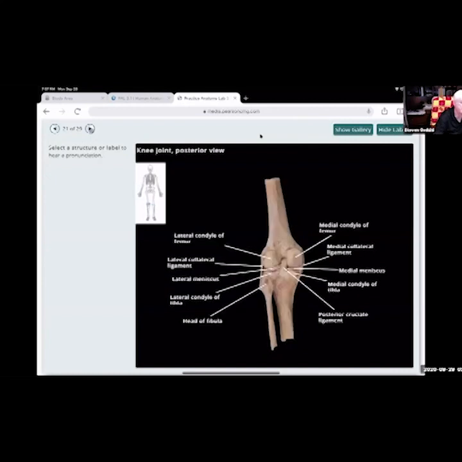Here we go. Okay, looking at the back of the knee. Let's take a look here. You can see the lateral condyle of the femur. You can see the lateral collateral ligament, again on the side there.